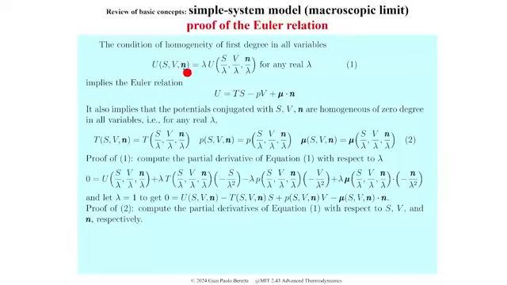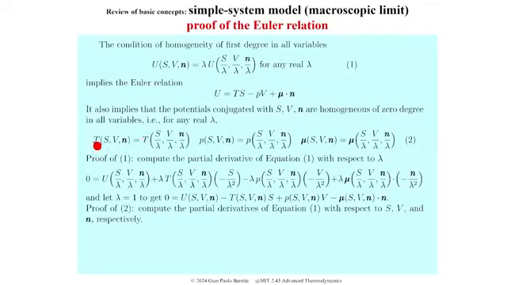You can also take from this the fact that the partial derivatives of the fundamental relation are homogeneous functions of degree 0. In other words, see, there is no lambda multiplying in front.